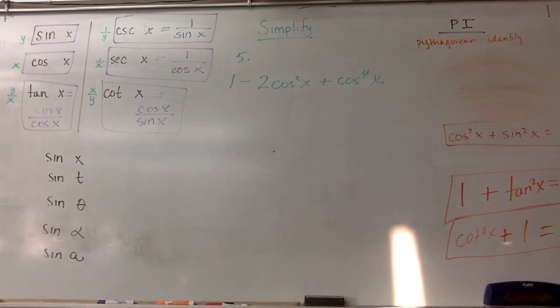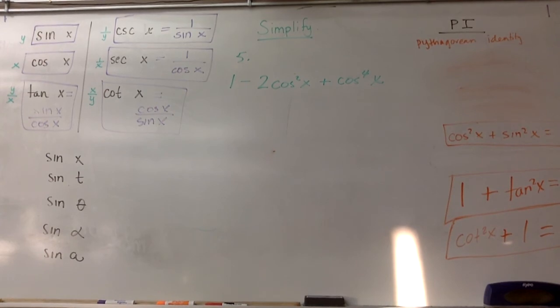All right, first question. How many terms are in this problem? 1, 2, 3. There are 3. Number 1, negative 2 cosine squared x. That's number 2. And number 3 is positive cosine to the 4th x.